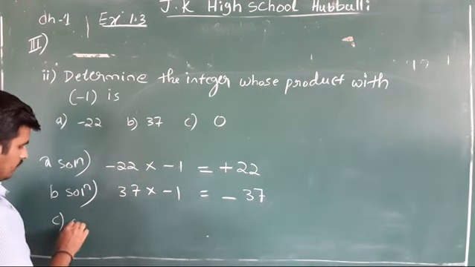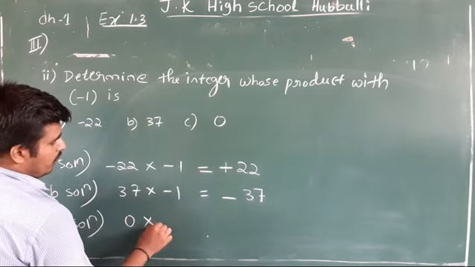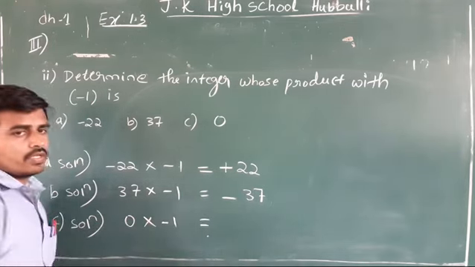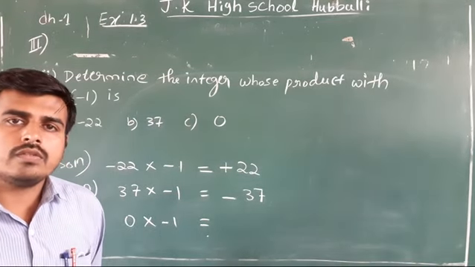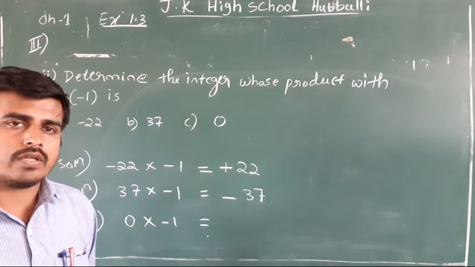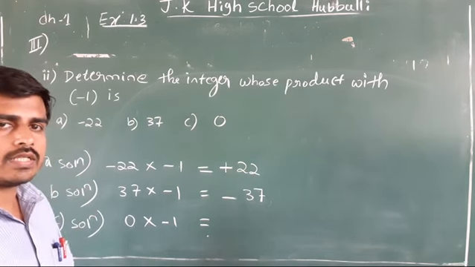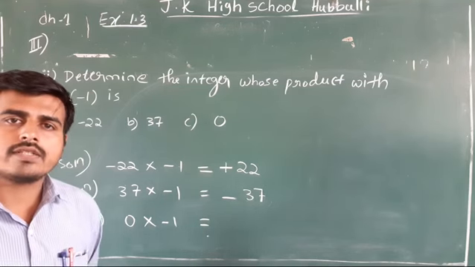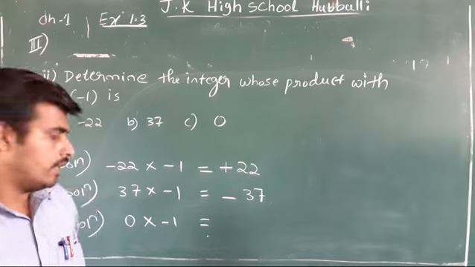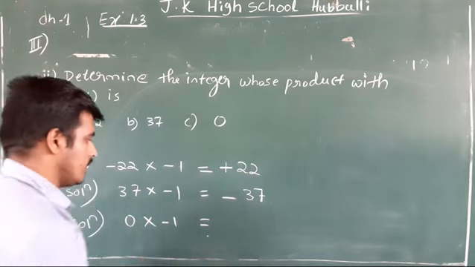C solution: 0 into minus 1. What is your answer? If you multiply 0 to any number, what answer you are going to get? Whether same number will repeat or the answer will become 0. Just think. I will give you 2 seconds. If you multiply 0 to any number, the answer is always 0.